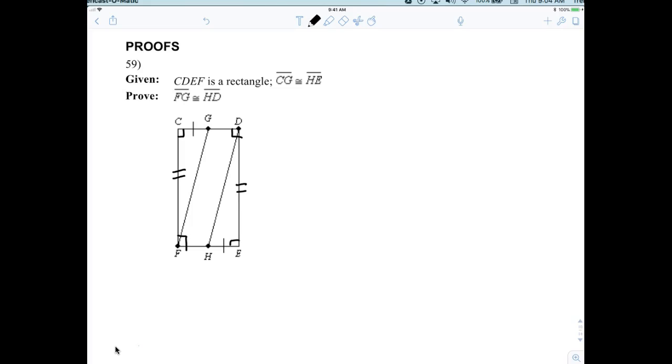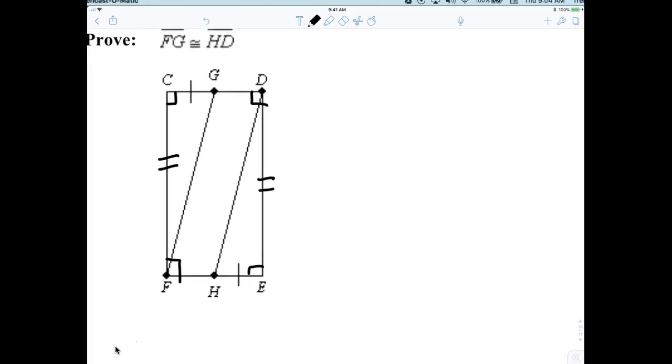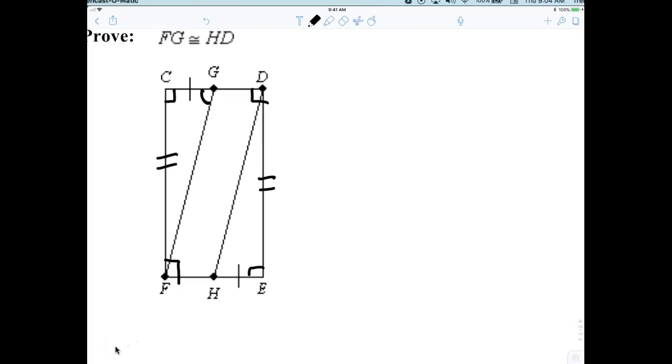Can you do angle side angle? Well, what other angle do we have? Angle C, line CF. What angle is that congruent to, and what angle is that congruent to?